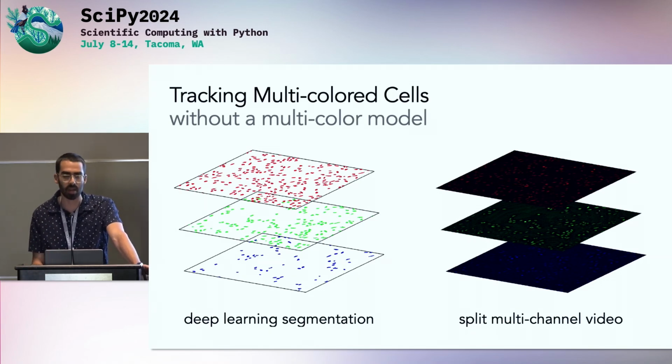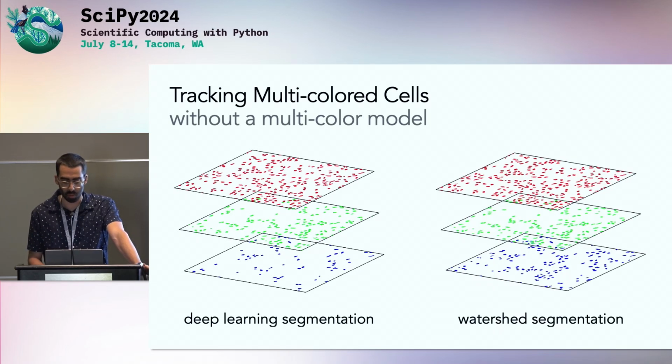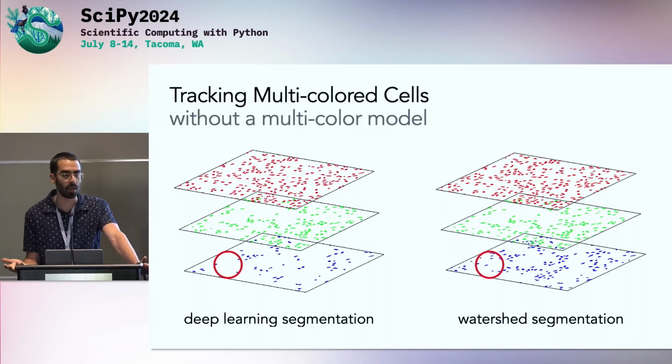We noticed that because each cell has a different amount of fluorescence, and some of them can be quite dim, the model was not detecting a few cells. So we just applied a standard watershed. It's less accurate, but we have much more control. We picked a very conservative threshold, and we were able to detect more cells, even though we are not as accurate at splitting the instances.